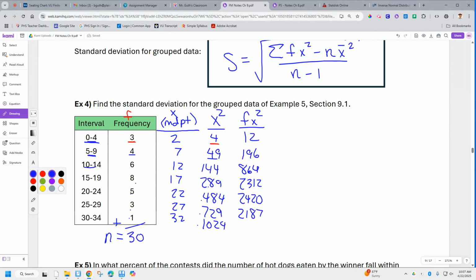And 1 times 1024 is 1024. Can anybody guess what I'm about to do? Since my formula calls for the sigma, I'm just going to add up those fx squareds. Sigma fx squared is that sum. I'm going to sum those numbers, 12 plus 196 plus 864, and I get 9,015.